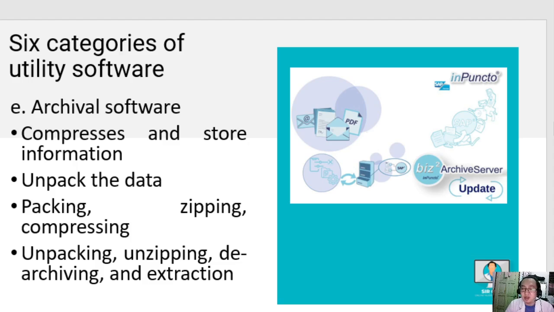When the files are retrieved, software must be used to unpack or decompress the data so it can be read. If you want to save it, you compress it into packages. Then if you want to have access to it, you retrieve it, you decompress it also.